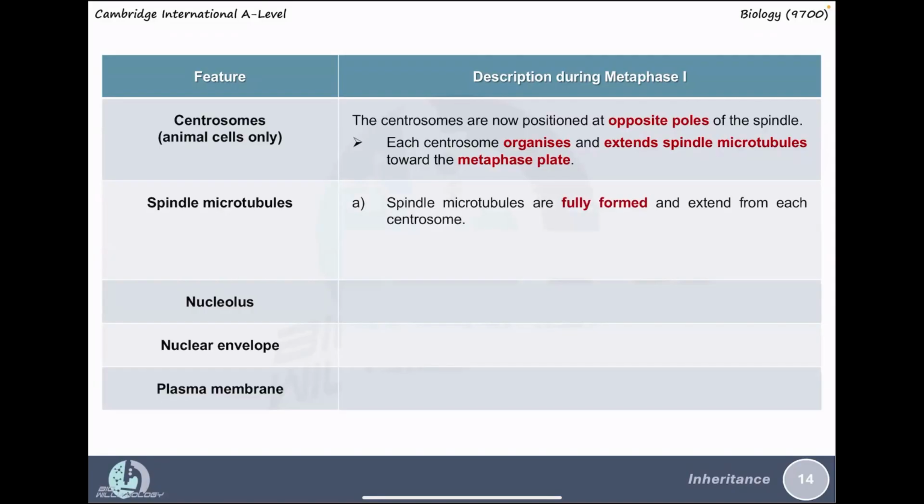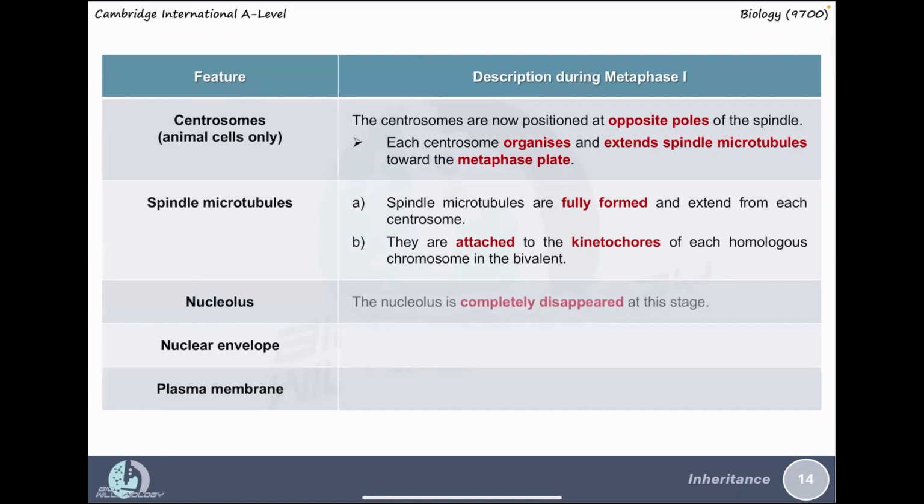So spindle microtubules are fully formed and extend from each centrosome, and they are attached to the kinetochore of each homologous chromosome in the bivalent. The nucleolus has completely disappeared at this stage. The nuclear envelope is completely disintegrated, and there is no event associated with the plasma membrane, which remains intact during metaphase 1.